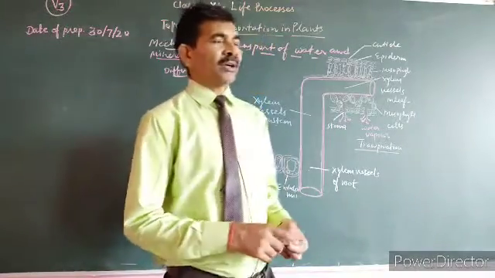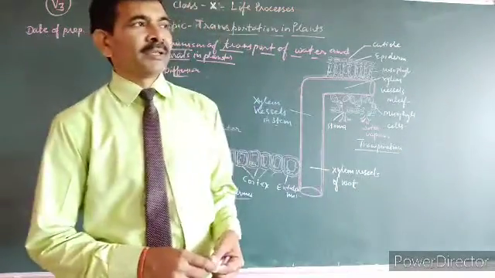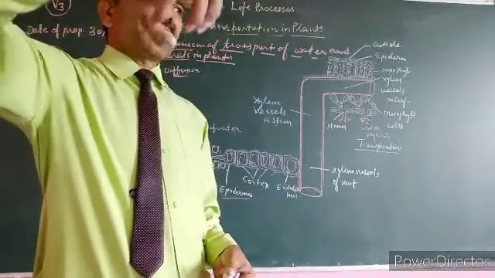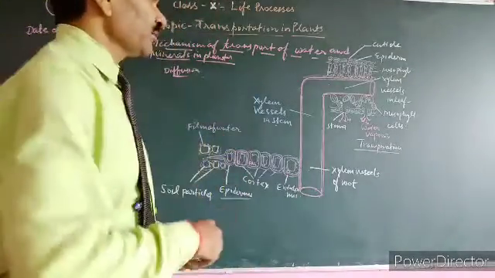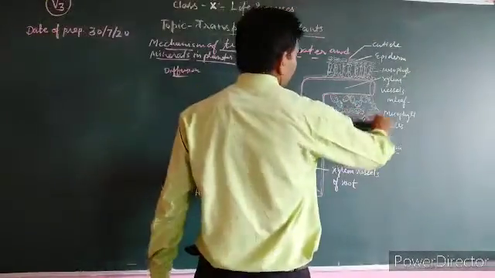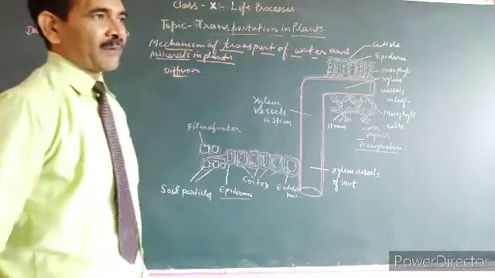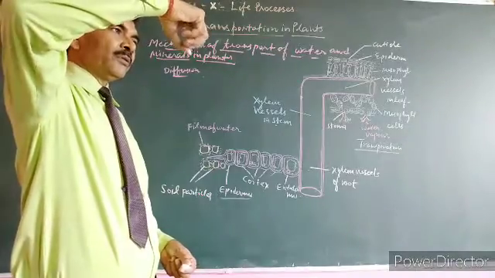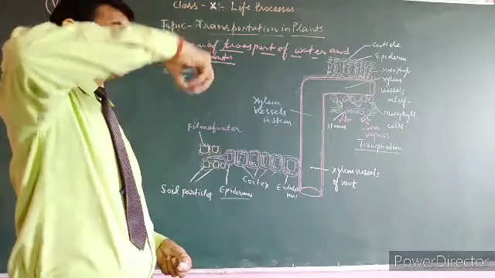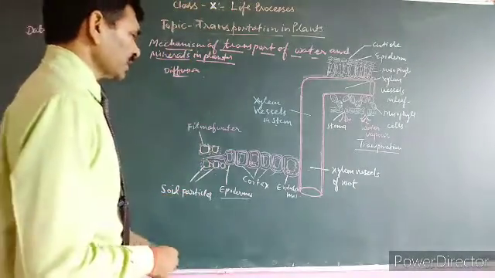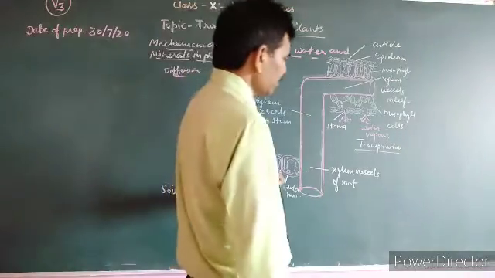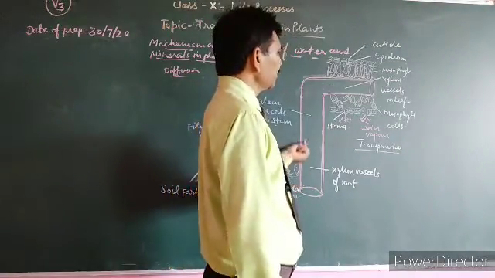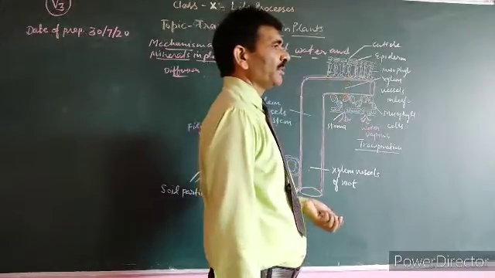On the surface of the leaf, a suction pull is created due to continuous loss of water in the form of vapor. This suction pull draws water from the xylem vessels of root to the leaf.